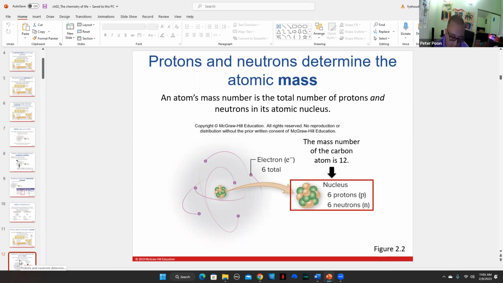Remember, electrons effectively have no mass. So the atomic mass is basically the number of protons plus neutrons. Looking at a carbon atom, the carbon atom usually has 6 protons and 6 neutrons. So 6 plus 6 is 12. So the atomic mass of carbon is about 12.